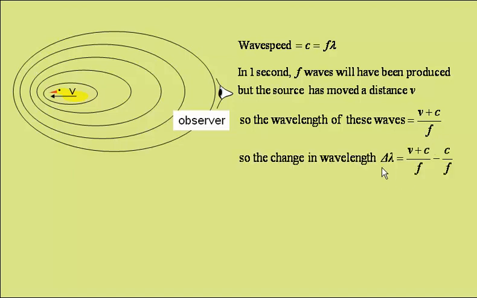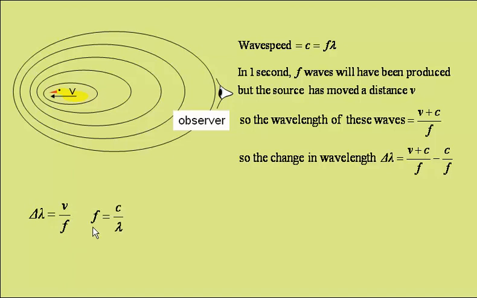The change in wavelength, which I'll call delta lambda, is equal to the new wavelength, which we've found here, minus the wavelength if the source had been stationary, which is given by c over f, a rearrangement of the wave equation. We can now simplify this expression to get the change in wavelength is equal to the speed of the object over the frequency of the waves.